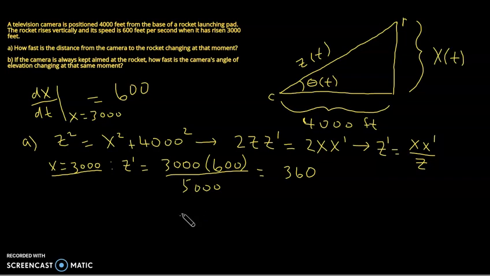Okay, let's see what our units are. This is z prime, so it's dz dt, so it's z units over t units. Z is in feet and t is in seconds, so this is 360 feet per second. And that's the answer to part A of the problem.